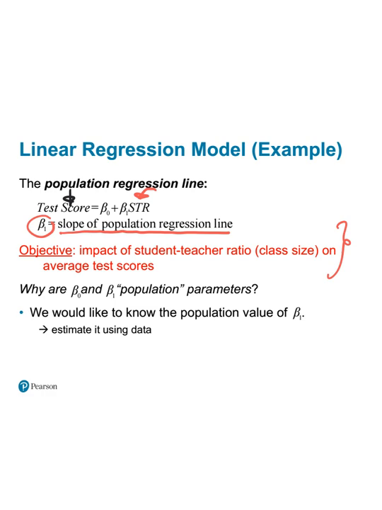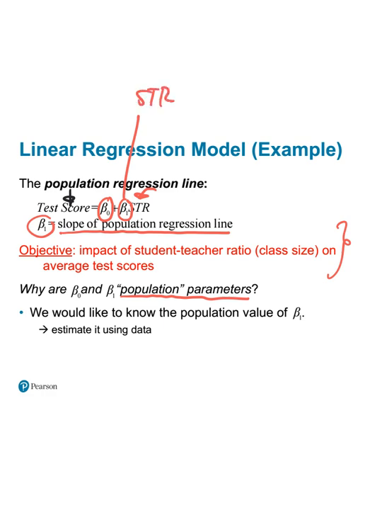Now, in our population regression equation, we have beta naught as our intercept and beta 1 as our slope. These are population parameters. And the population says this is the true impact of these two variables on test scores. So beta 1 is the true impact of the student-teacher ratio.